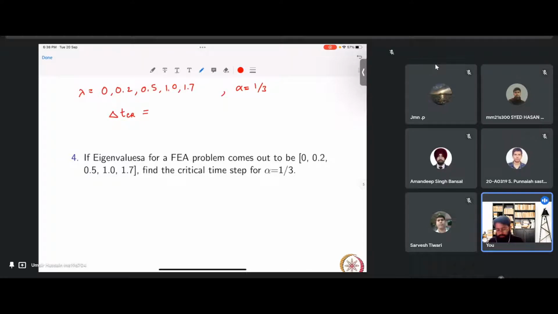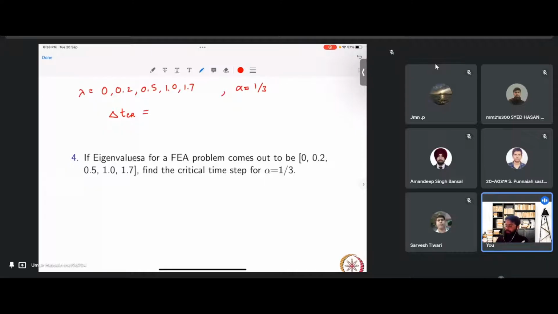Would anyone like to answer this? I'm not good with remembering formulas. Please help me. I really don't remember.